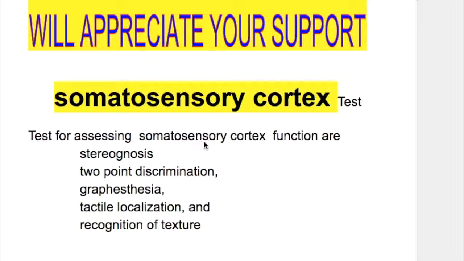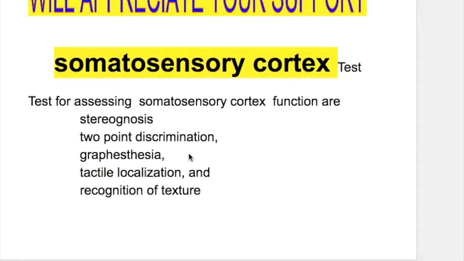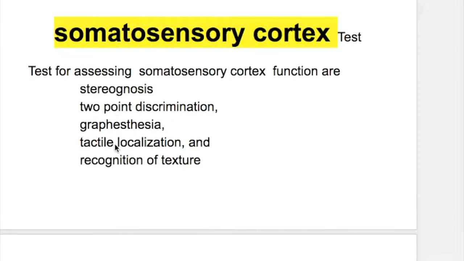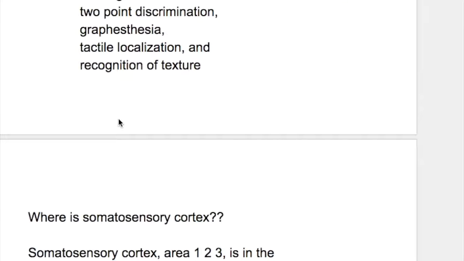Tests for assessing somatosensory cortex functions are stereognosis, two-point discrimination, graphesthesia, tactile localization, and recognition of texture.